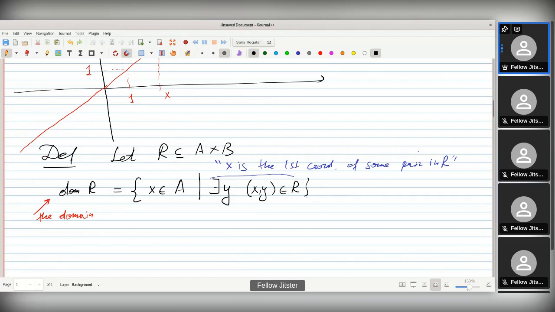We say that there exists y such that (x, y) makes a pair in R.